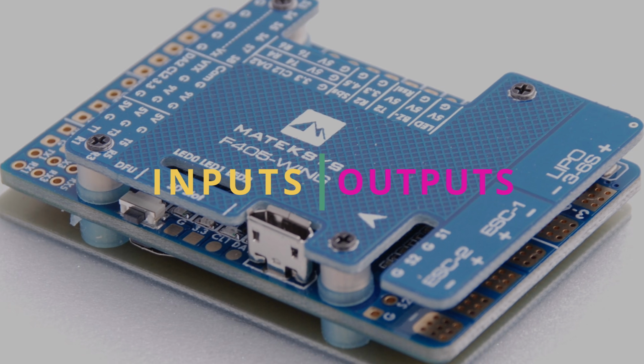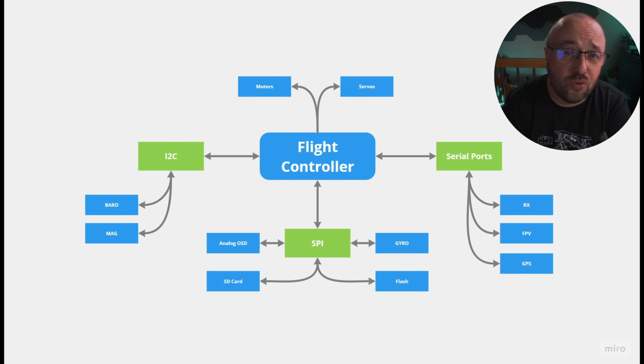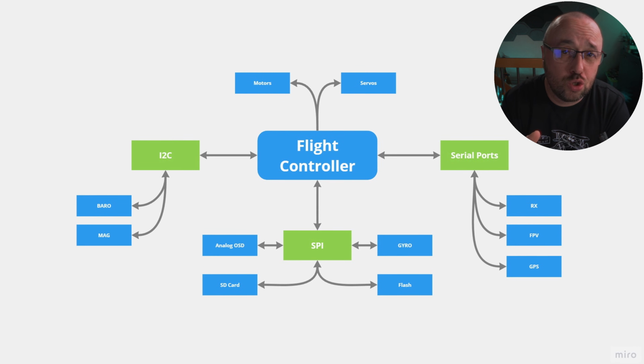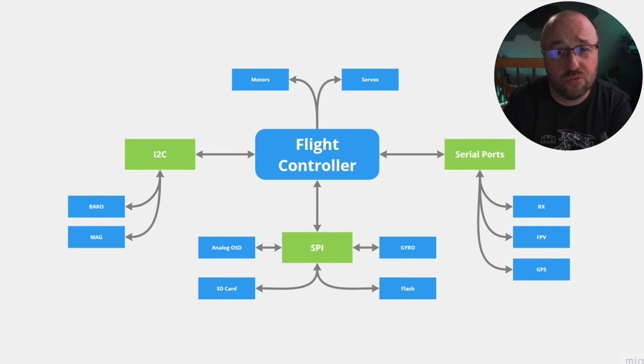In all the modern flight controllers, both of those sensors, the gyro and the accelerometer, are actually one chipset. The next required elements are the inputs and outputs. Inputs, usually in the form of serial ports and the I2C bus, are just used to connect external elements and sensors to your flight controller.